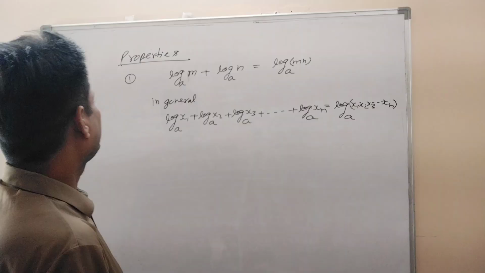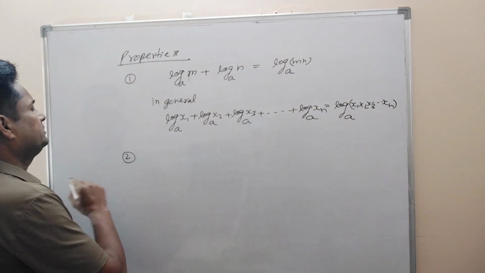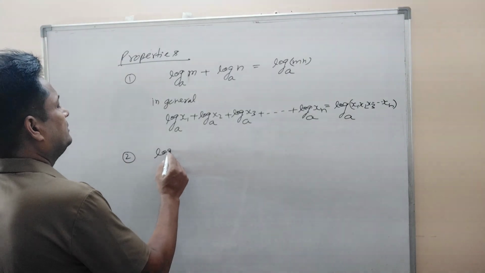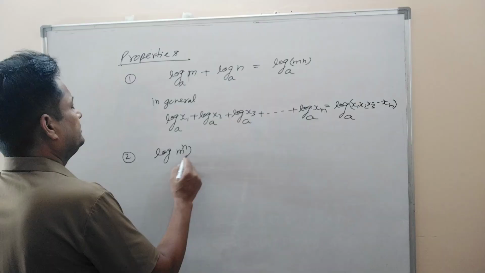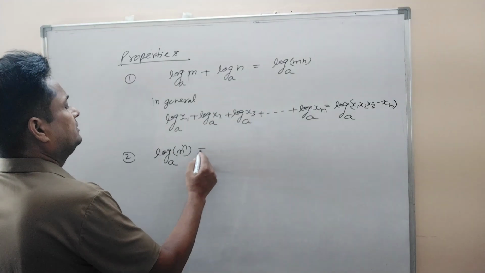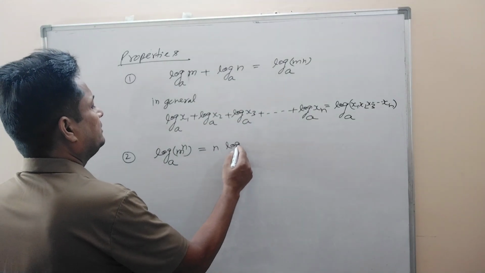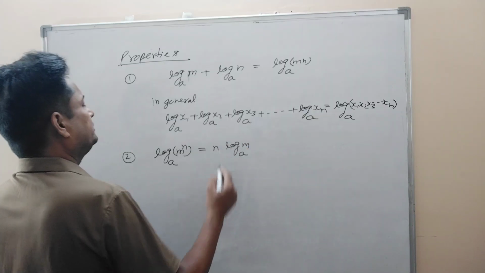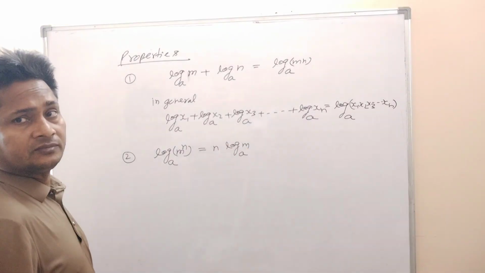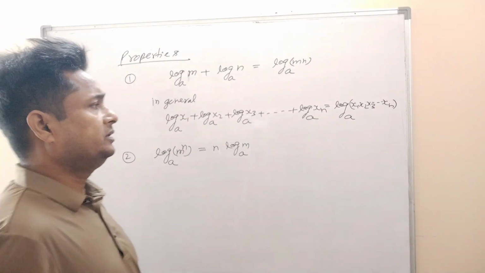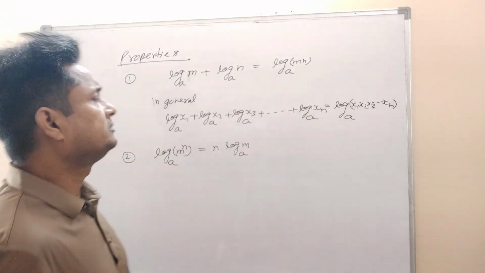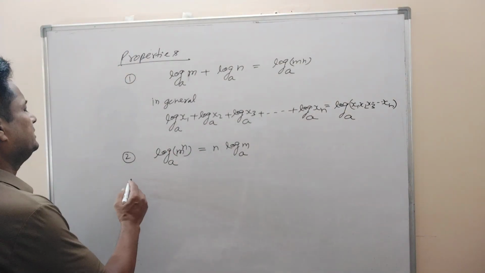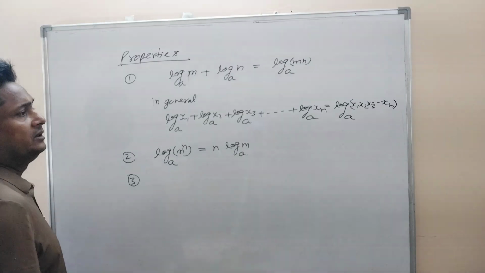Right. Next property is log of m to the power n in any base a will be n log of m base a. This is the next property of this logarithm. Proofs of this one are available.